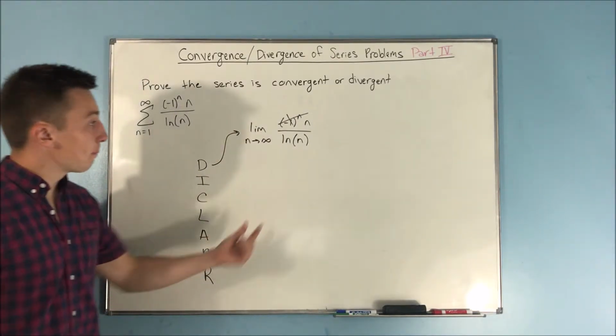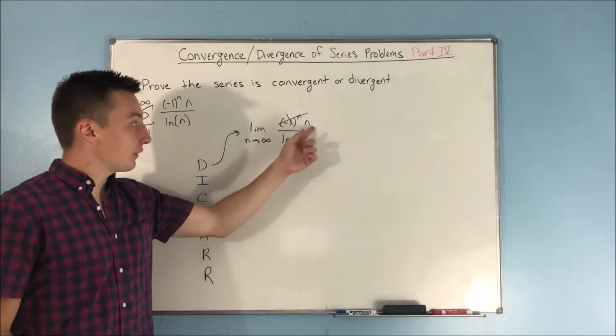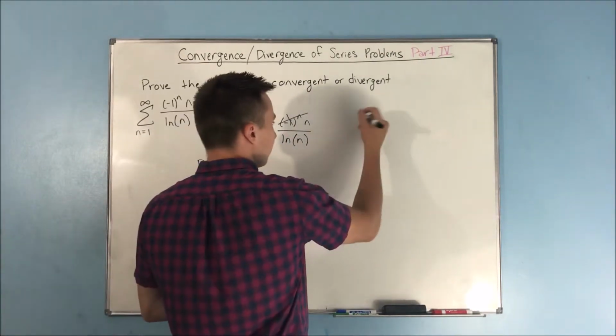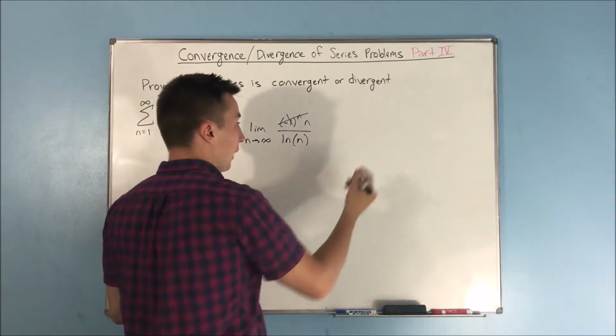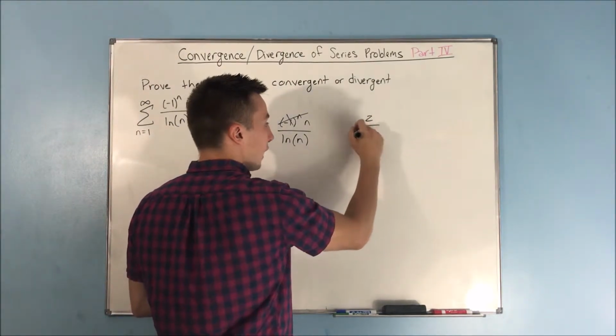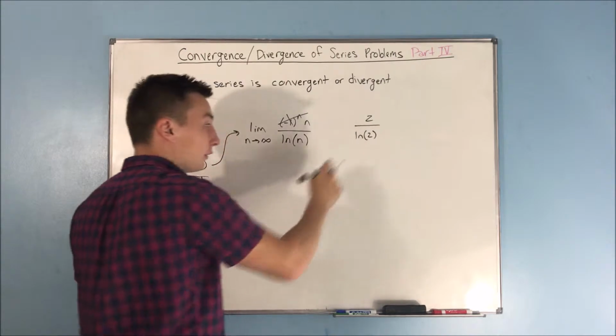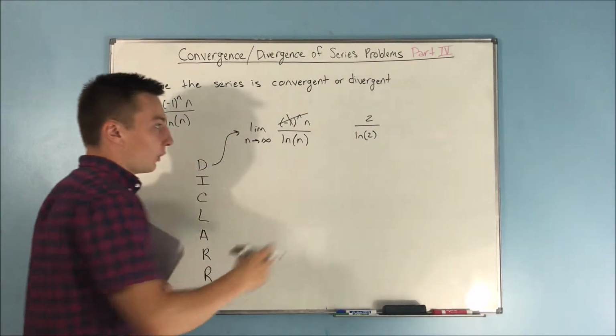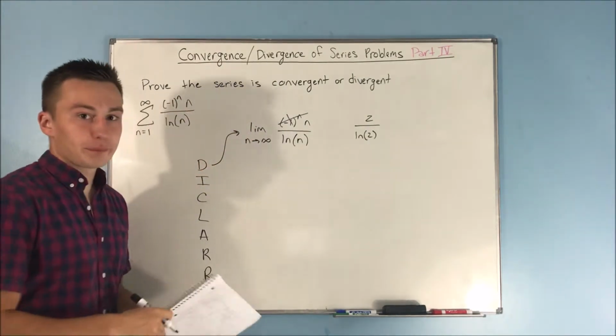And you can see that n is larger than the natural log of n. If you plug in n equals 2, you have 2 over the natural log of 2. The natural log of 2 is a small decimal, and 2 is bigger than that.